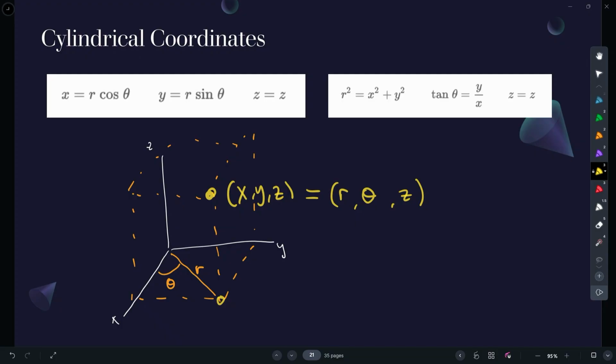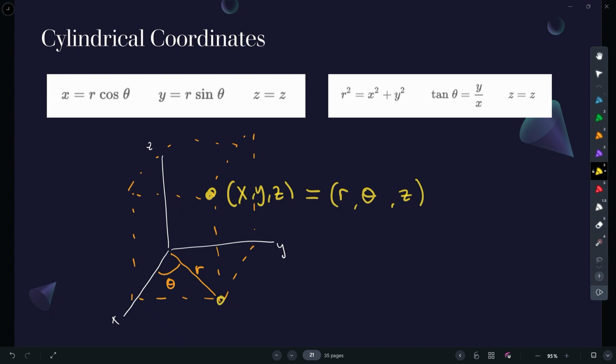When do we use this? When it has some sort of cylindrical symmetry, so it has some radial symmetry with respect to the z-axis. If my shape had symmetries along the y-axis, then I would use polar coordinates in the xz plane and then leave the y coordinate alone.